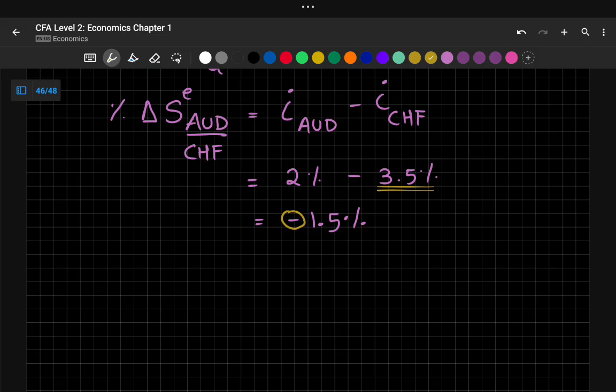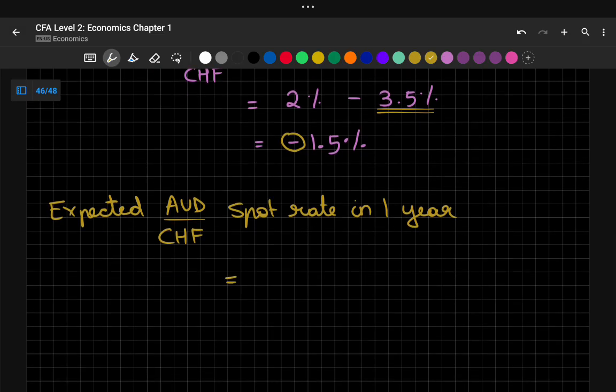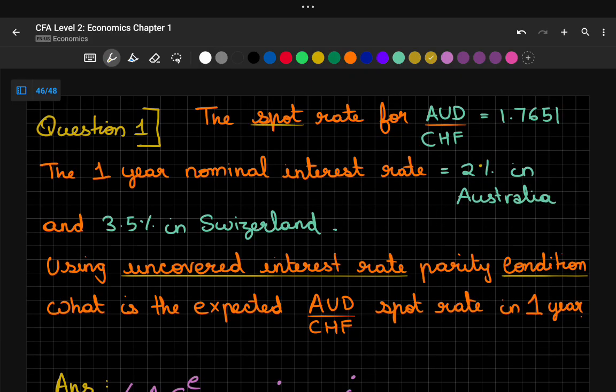Hence, the expected AUD to CHF spot rate in 1 year would be equal to, what is the current spot rate? The current spot rate is given to be 1.7651.